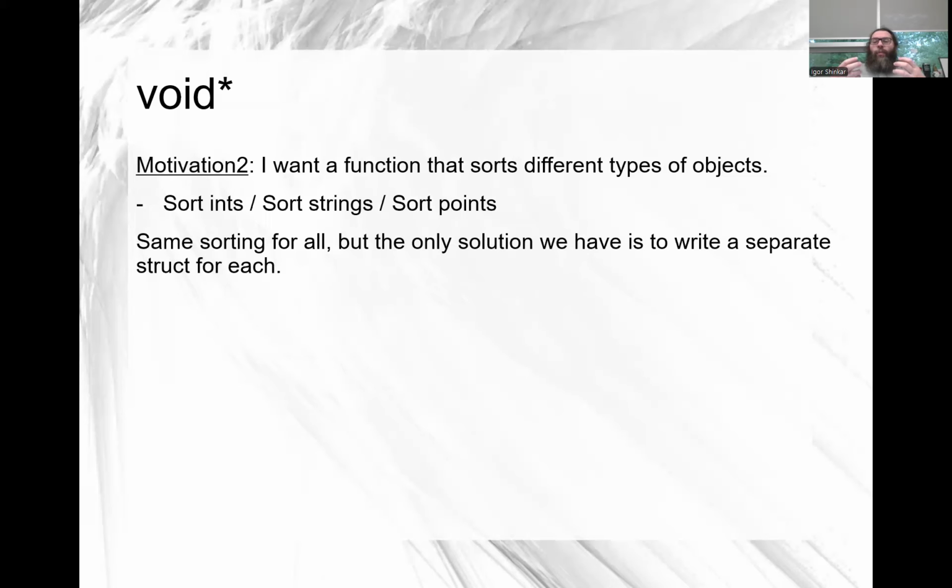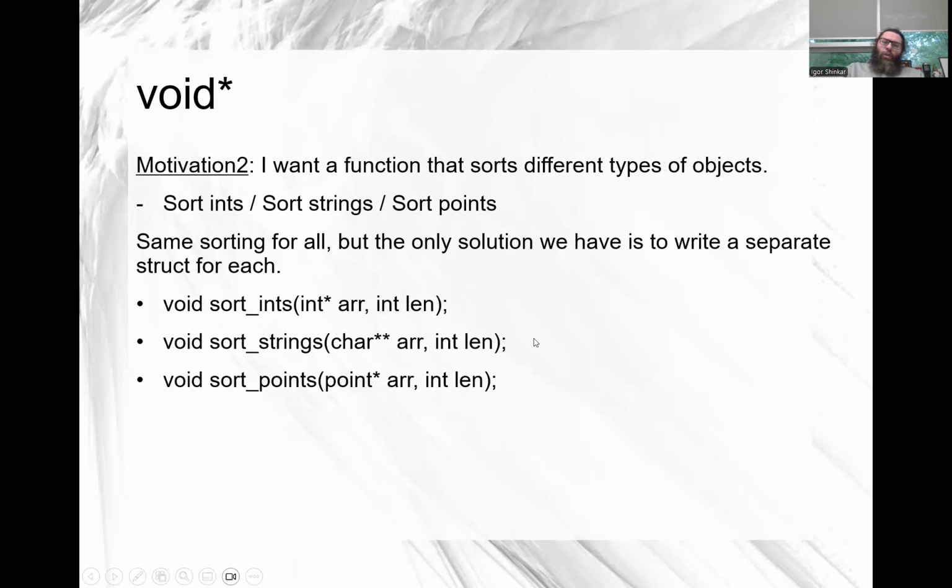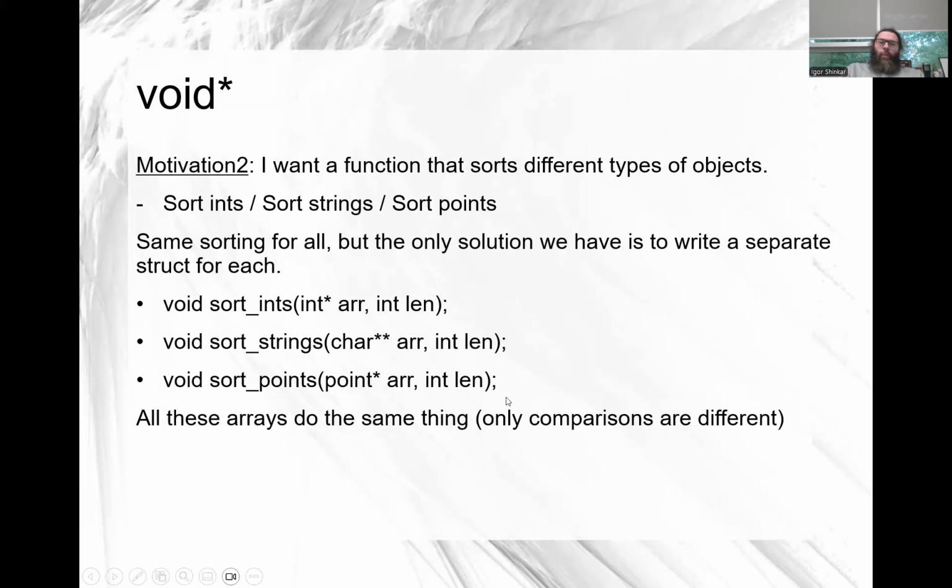We supposedly need to write different functions, but they all do the same thing. So we don't want these. Instead, we want one algorithm that sorts all of them, and we only need to specify, now you're sorting ints, but run exactly the same algorithm. This is what qsort gave us. It's exactly the same algorithm, just tell me what the types inside are and how to compare them.